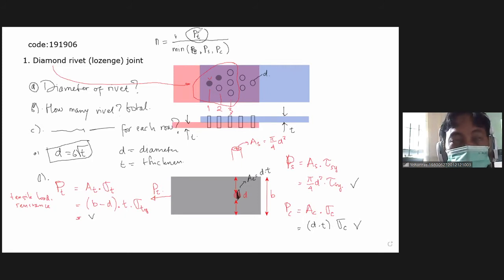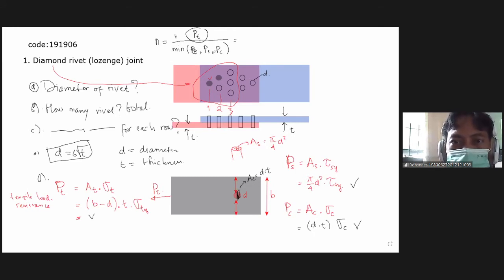That's why we put this tensile strength here for the plate. And for the divisor, we choose the minimum between the shear strength and the crushing strength. Using this formula, we can define how many rivets must be used.